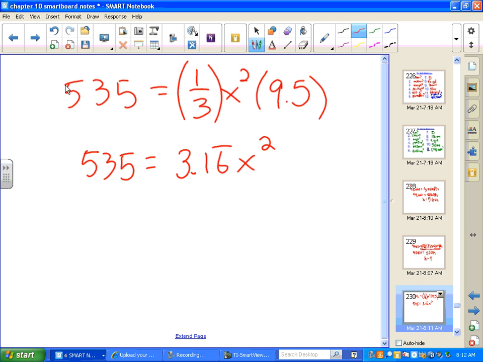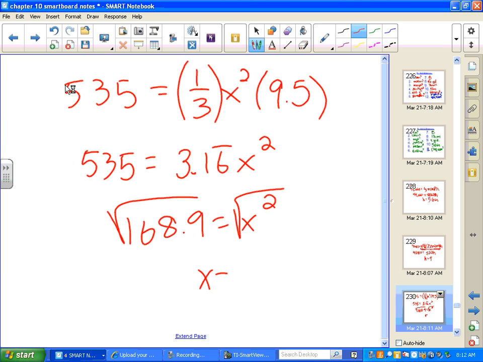Yep, so now do 535 divided by 3.16 repeating. Okay, equals x squared. How do you get rid of the squared? Okay, square root both sides. What do you get? Yep, round to the nearest whole number, so that's how you get 13.